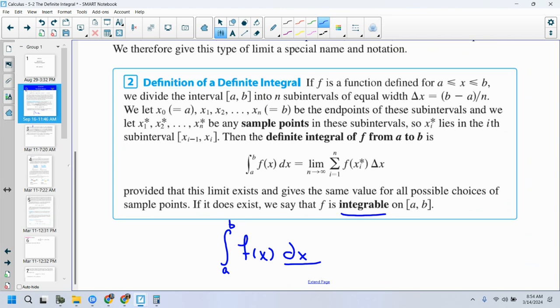Emphasis on the in. Integrable. No, that sounds like I'm from Texas. Is that function integrable? But that is a property of the function, because some functions are integrable and some are not. Just like some functions we could find the derivative of and sometimes we couldn't. The same idea.